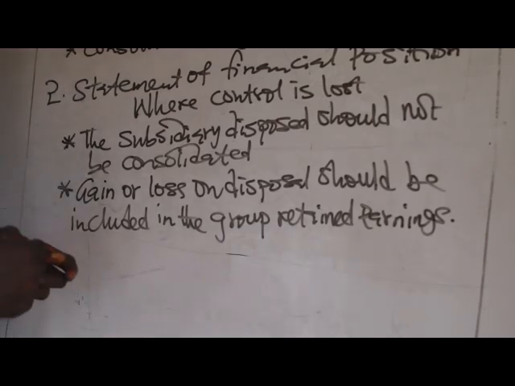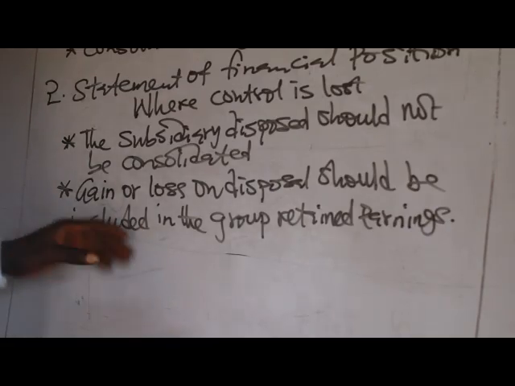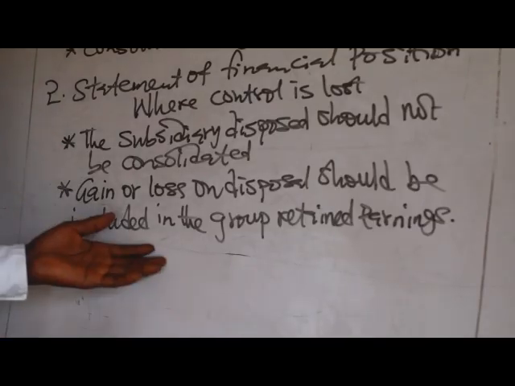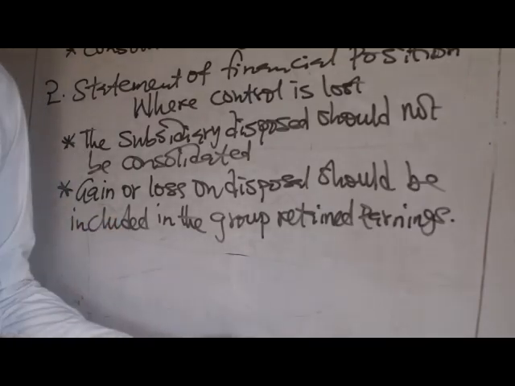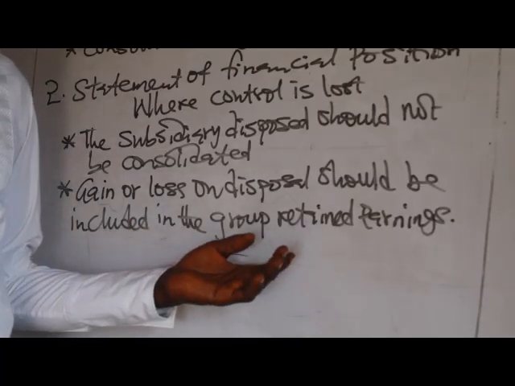So these are the impact of the disposal on the consolidated financial statements. Before I consider the disposal of subsidiary where control is retained, I want to take some worked examples.